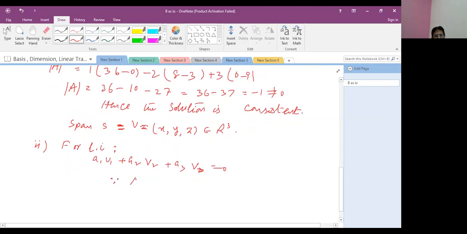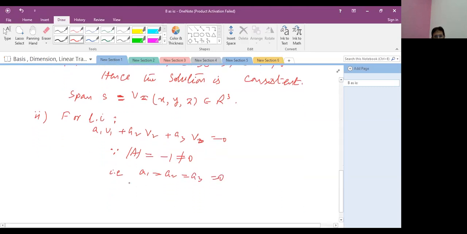Since the determinant value is minus 1, which is not equal to 0, this means A1, A2, A3 are all equal to 0. Hence the vectors are linearly independent.